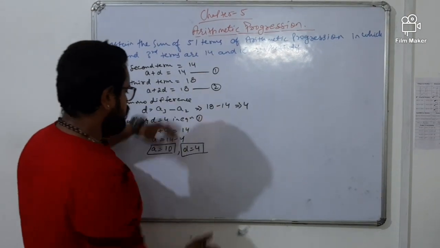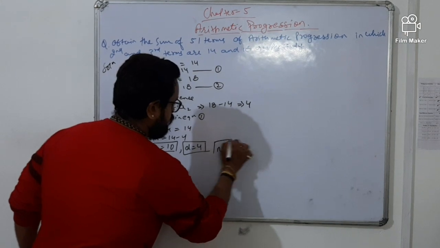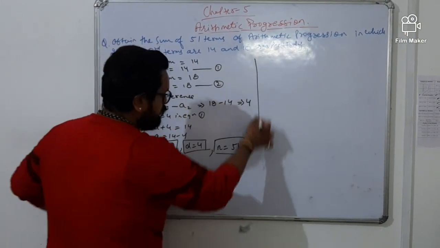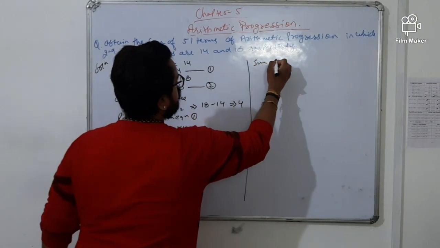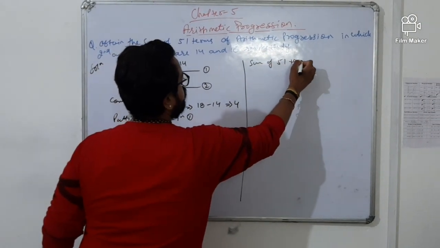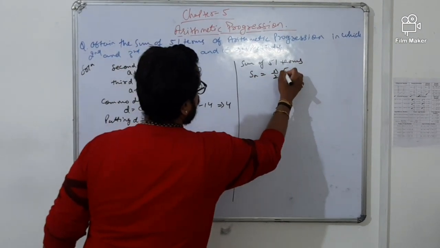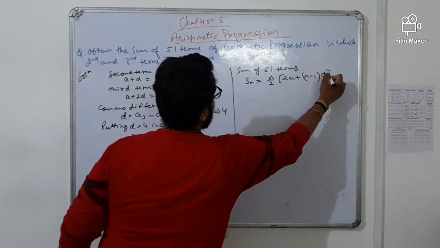The value of n is given, that is 51. This is the given value. Now we will solve for the sum of 51 terms. Sn = n/2 [2a + (n - 1) × d].